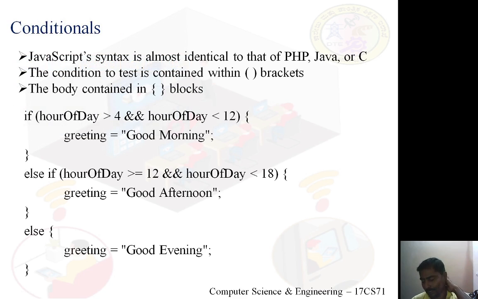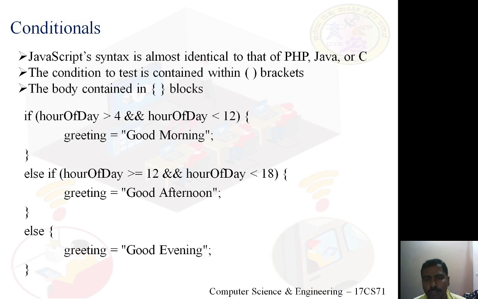So conditions. Similar to C or Java, what condition statements do we have? We have simple if else, if ladder, nested if, and so on. Similarly in JavaScript, we have simple if, switch, everything. But in this slide, I'm just showing you one of the if else structures.